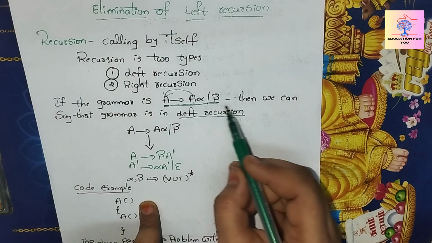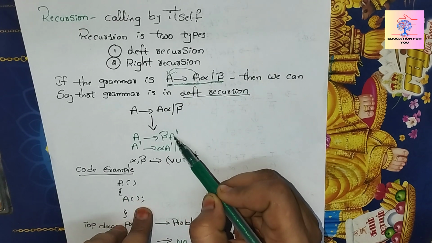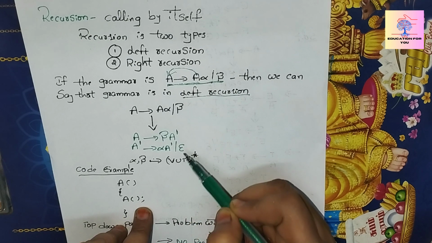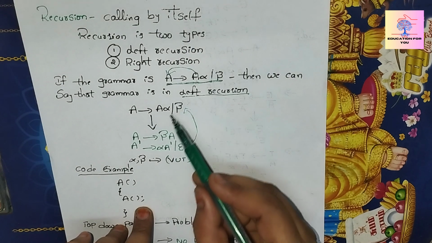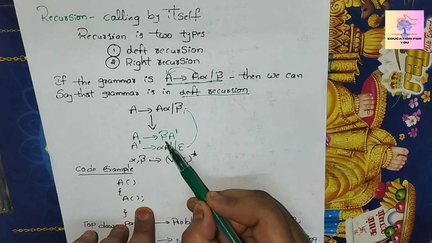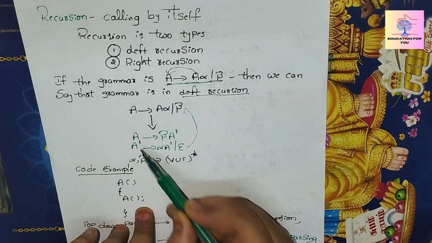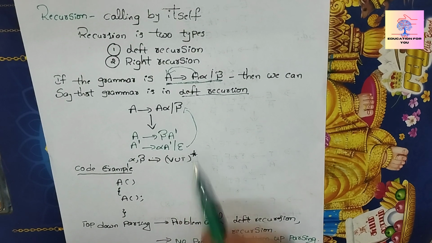How can we eliminate it? We replace this production rule with two production rules: A produces beta A dash, and A dash produces alpha A dash or epsilon.